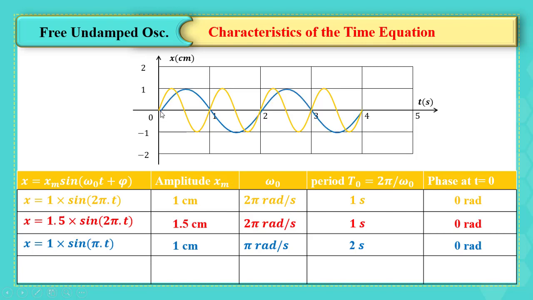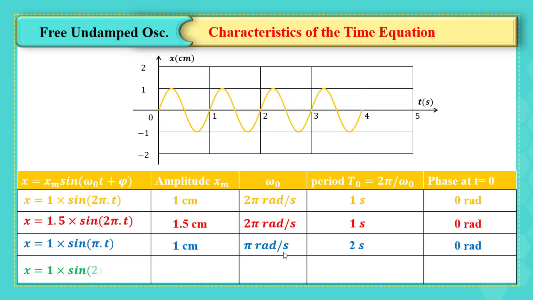In this case, the amplitude is still the same, the initial value is still the same, but instead of having a period of 1 second, it's 2 seconds, and the period on the graph becomes wider, since the period is doubled while the angular frequency becomes half. Remember that what changes the angular frequency is the change in the stiffness or the mass, since omega 0 equals radical k over m.